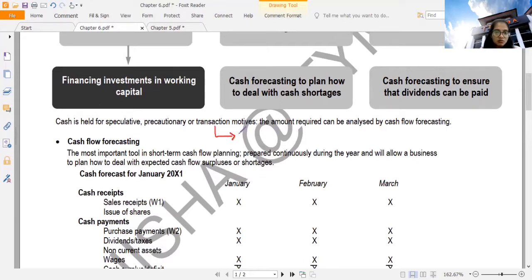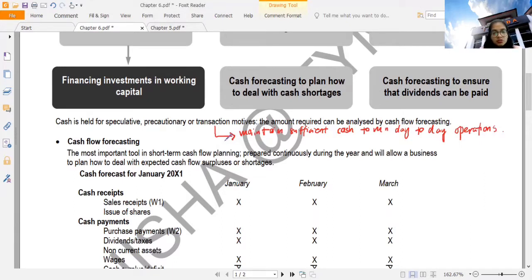So maintain sufficient cash to run day-to-day operations.